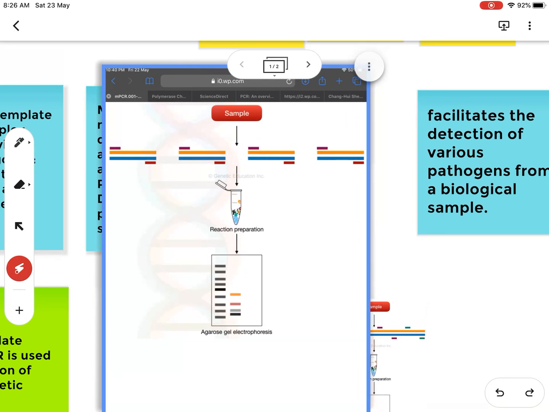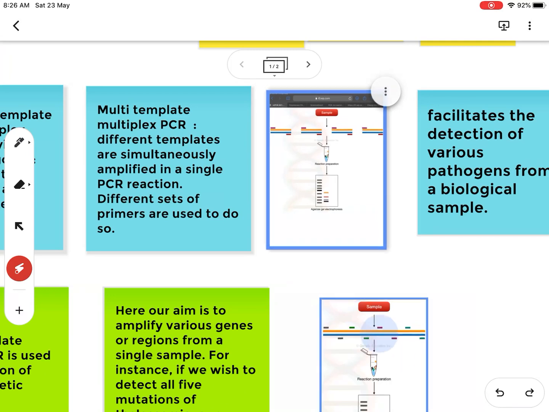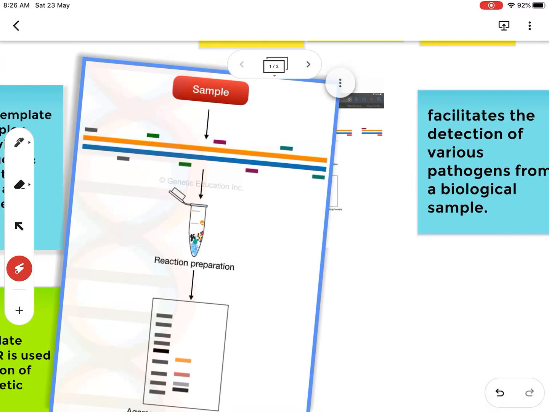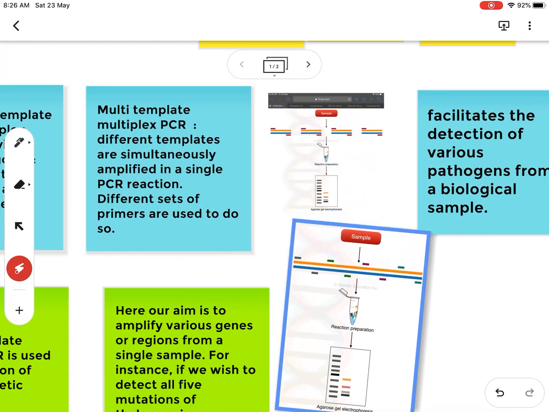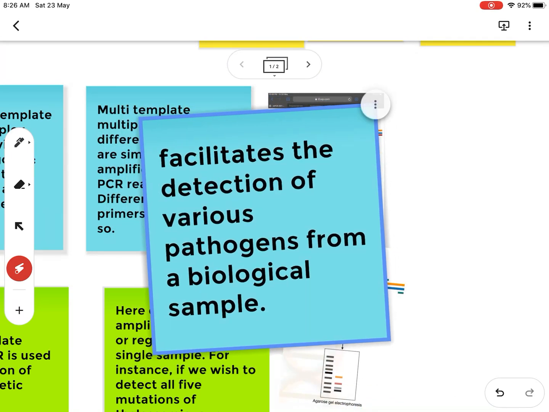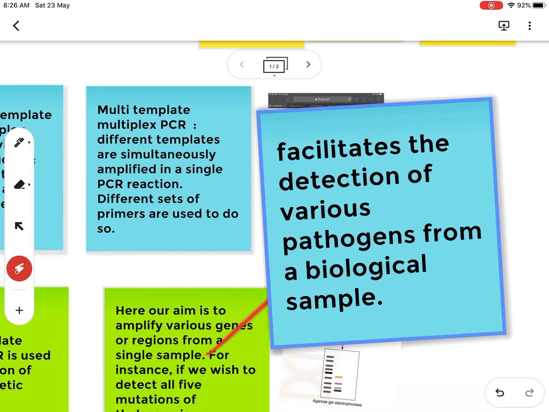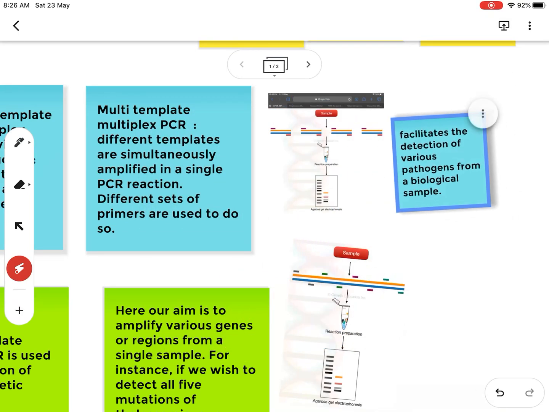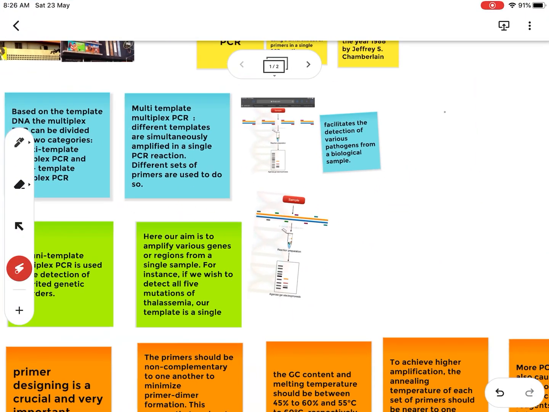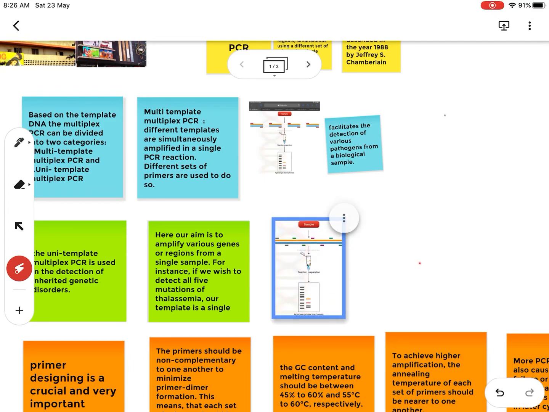In the multi-template multiplex PCR, different DNA templates are mixed with the sets of primers, whereas in the uni-template multiplex PCR, a single template DNA is mixed with different sets of primers. So multi-template multiplex PCR facilitates the detection of various pathogens from a biological sample, and uni-template facilitates the detection of inherited disorders.